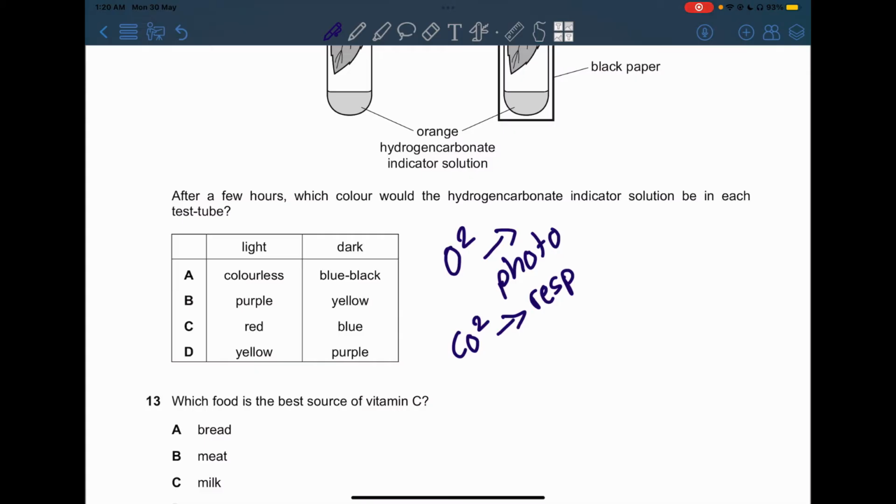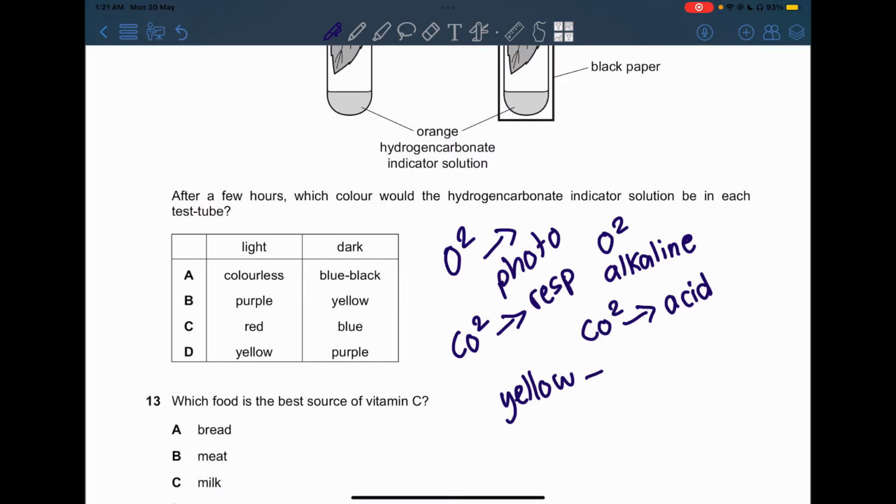So, we know that oxygen is alkaline, and we know that carbon dioxide is an acidic gas. So, we know that the hydrogen carbonate indicator will turn yellow if it's acidic. It will turn red if it's neutral, which means it's not acidic or alkaline. Now it will turn purple if it's actually alkaline.